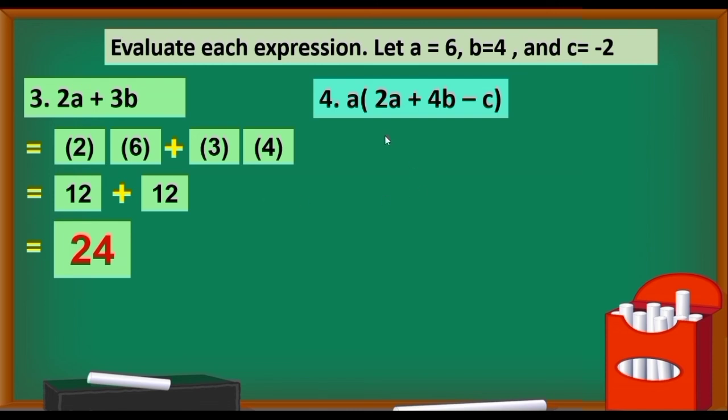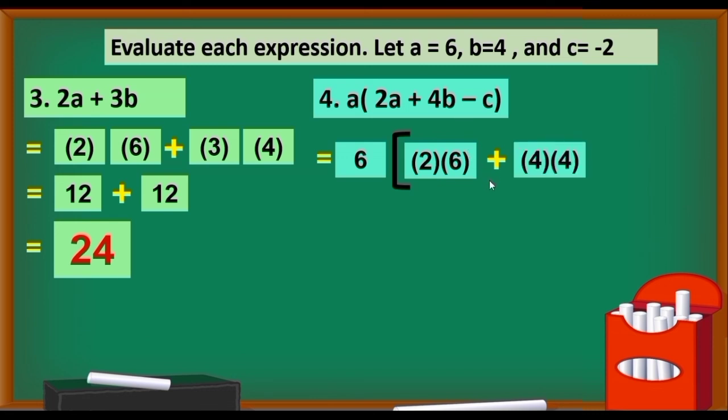Another example. So a times the quantity 2a plus 4b minus c. So palitan natin yung mga value. So that would be ang a po natin ay 6 times the quantity 2 times ang a natin ay 6. Ayan, 2a is 2 times 6 plus ang 4b natin ay 4 times 4 minus ang c natin ay negative 2.